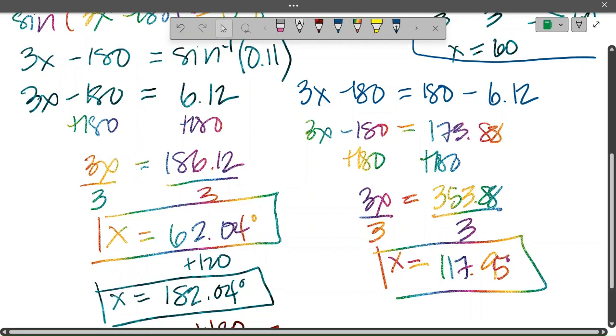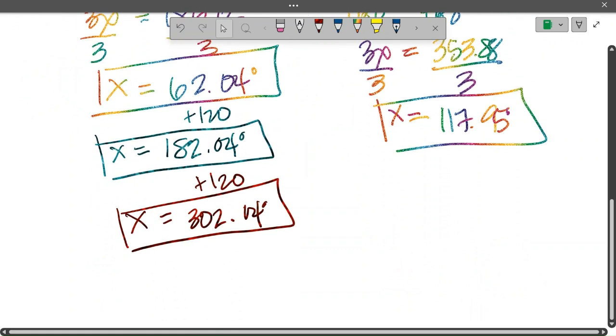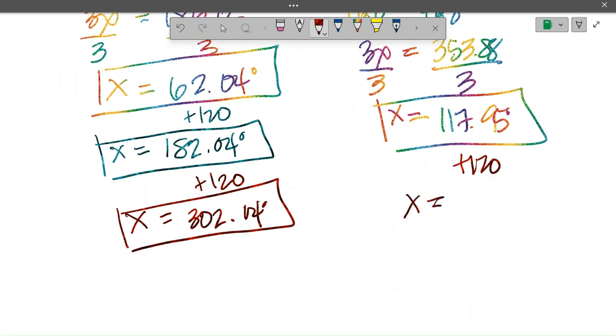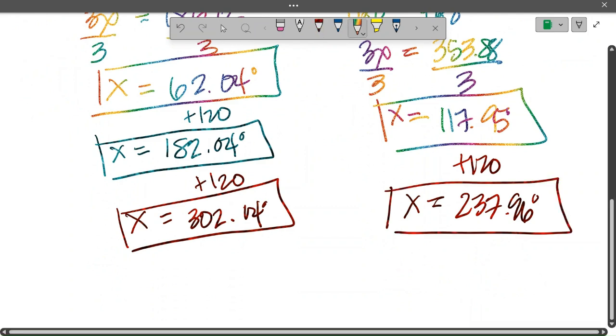So that works. And now I'm just going to apply the period change here. So I'm going to add 120 degrees to get my next value, which is 237.96 degrees. And you guessed it, I'm going to go ahead and do that one more time.